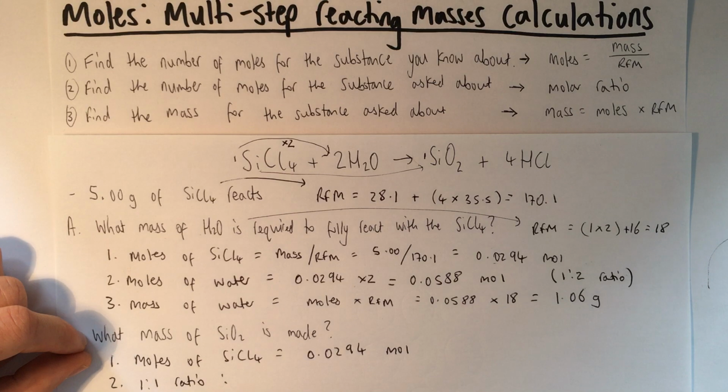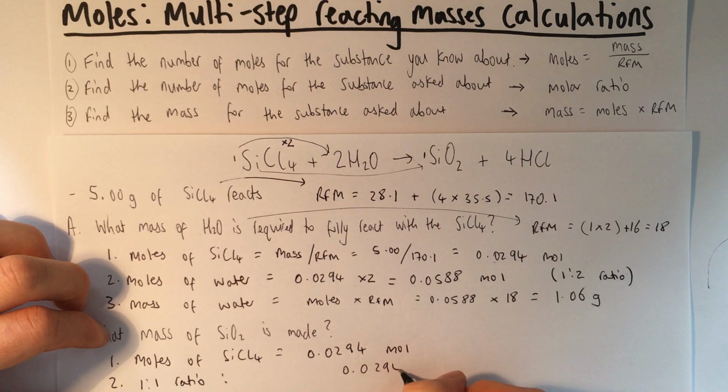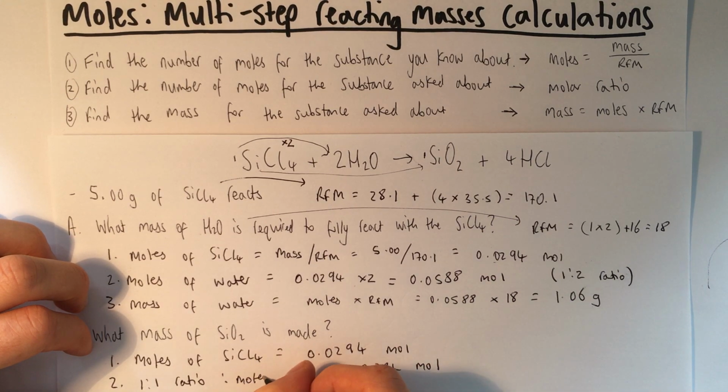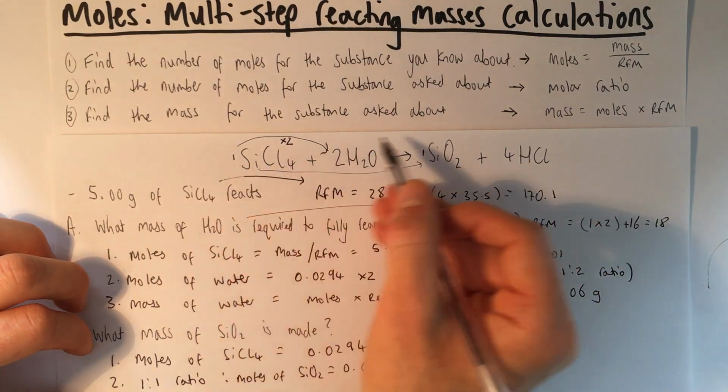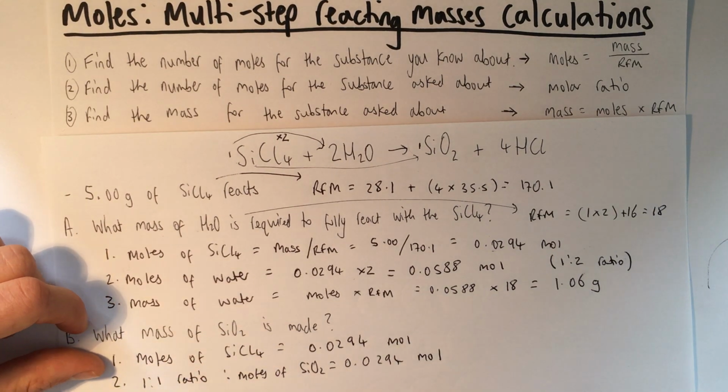So if I've got 0.0294 moles of silicon tetrachloride, I'll have 0.0294 moles of silicon dioxide. Same number of moles because it's a 1 to 1 ratio. So that step was really easy that time.